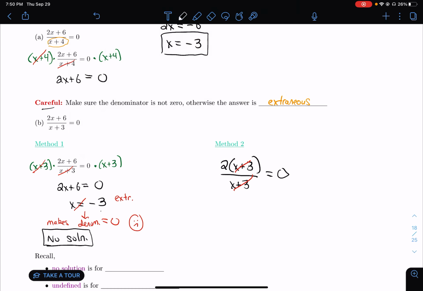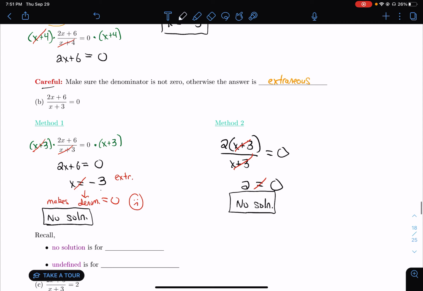All right, so that leaves us with 2 equals 0. But that's just impossible. 2 does not equal 0. And the takeaway here is that if you're solving an equation and you end up with something impossible like 2 equals 0, that means there's no solution. So we get the same answer this second way.